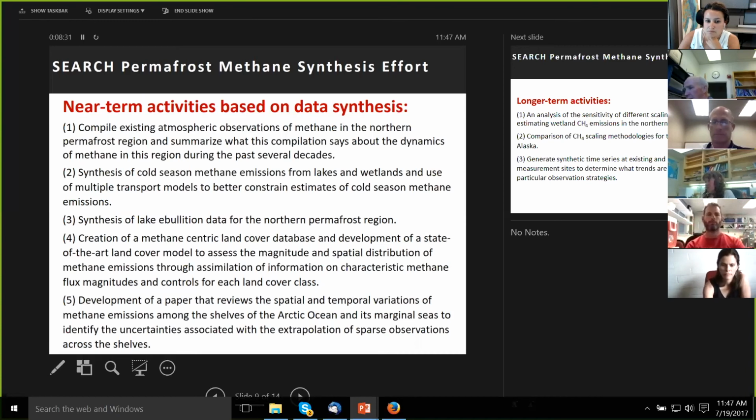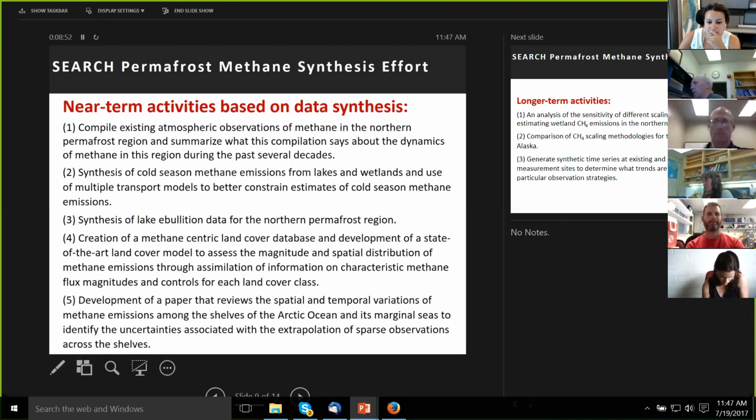And the last is the development of a paper that reviews the spatial and temporal variations of methane emissions among the shelves of the Arctic Ocean and its marginal seas to identify the uncertainties associated with the extrapolation of what are recognized as sparse observations from the shelves.